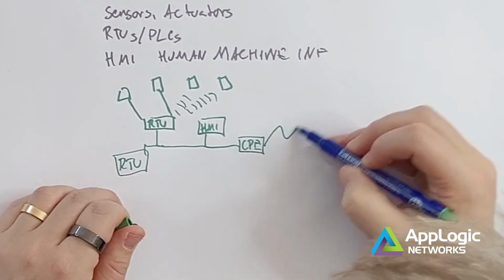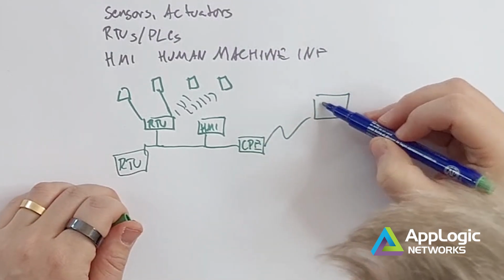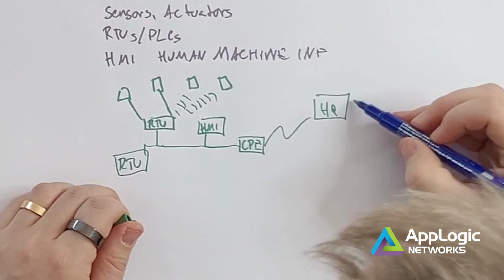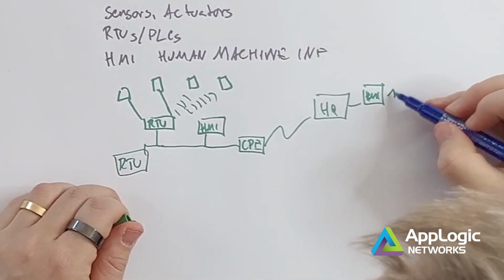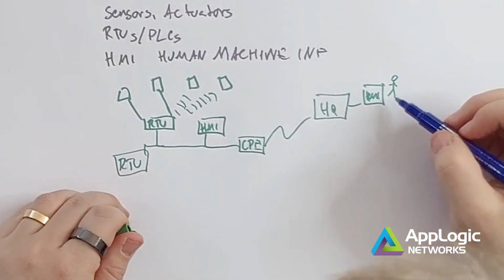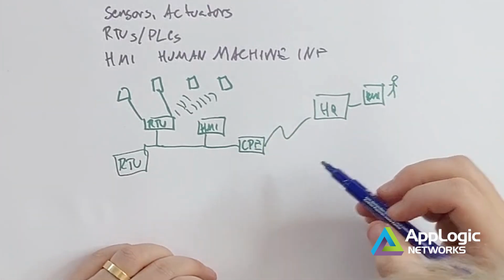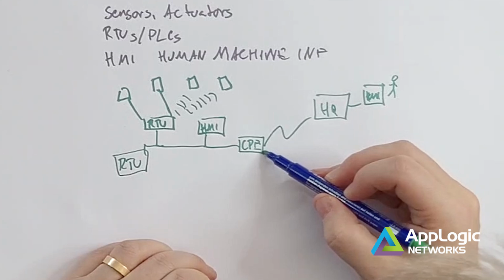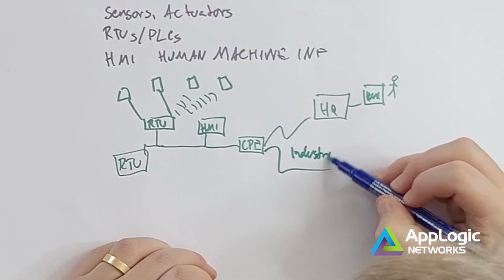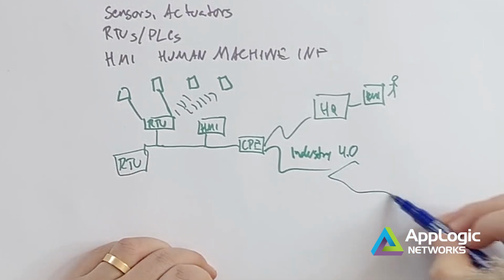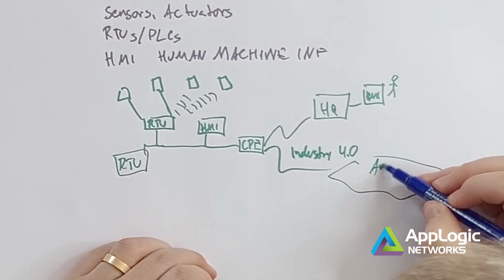But if you have multiple sites, it's not uncommon that it all connects to an HMI that runs at the headquarters where the same engineers can monitor multiple sites. Or in the case of Industry 4.0, it could run to the cloud.